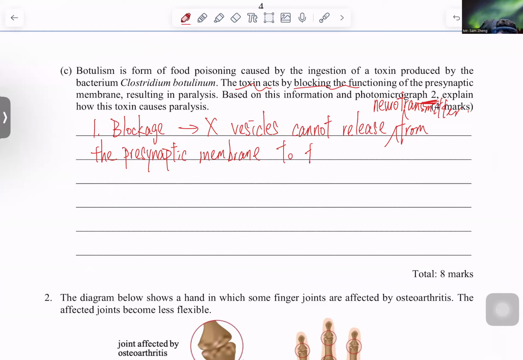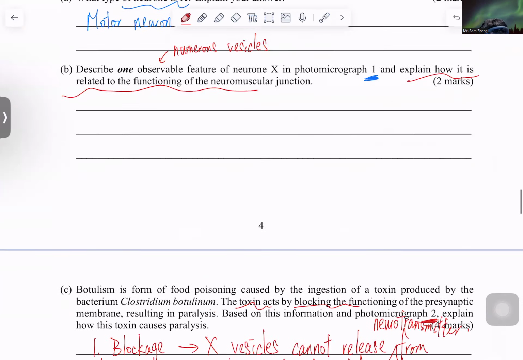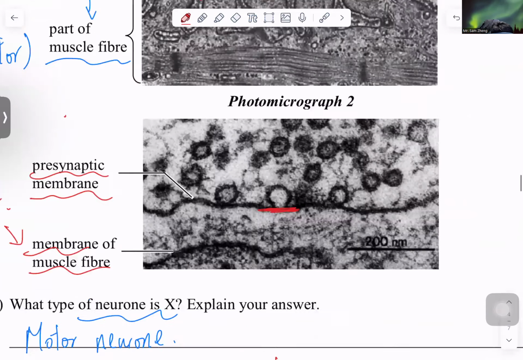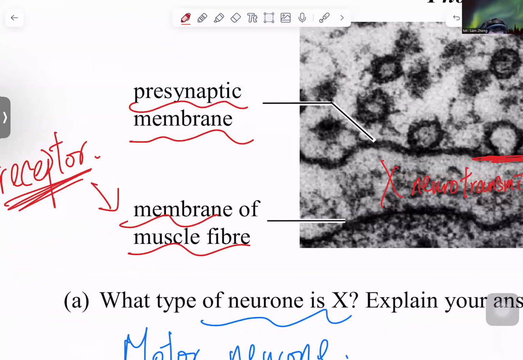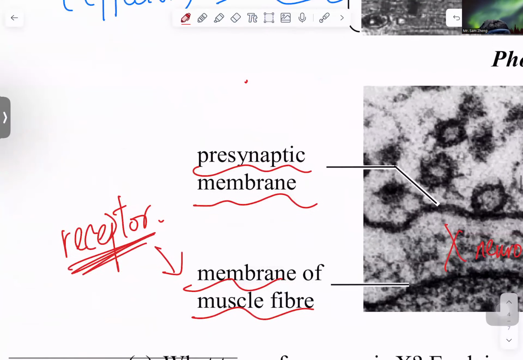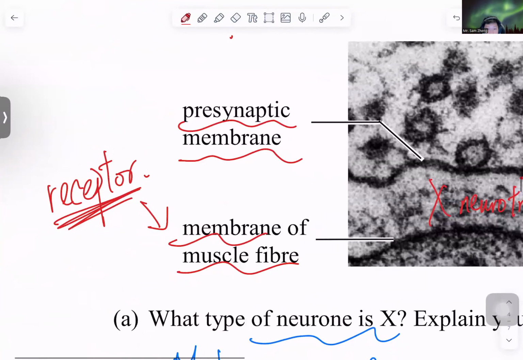To the cliffs. Then, as we do not have any neurotransmitter here, in this case, what happened? As they do not have any neurotransmitter, can the receptor on the membrane of the muscle fiber receive the neurotransmitter?